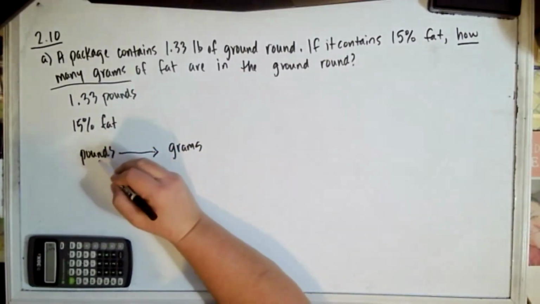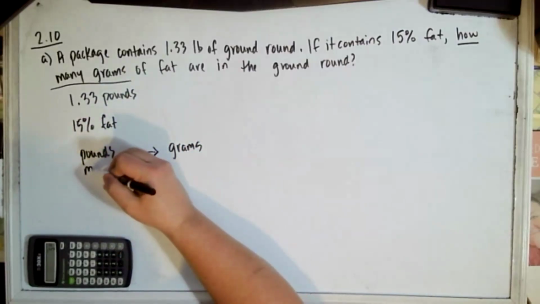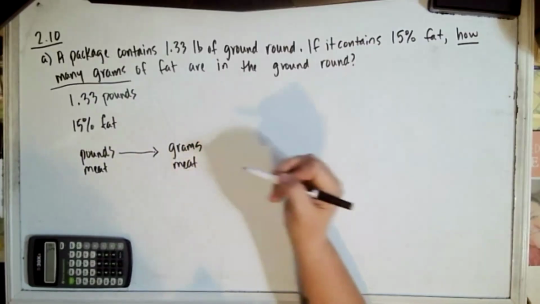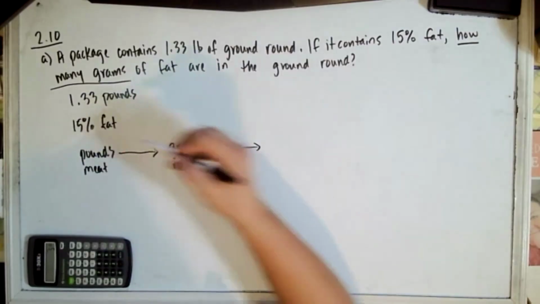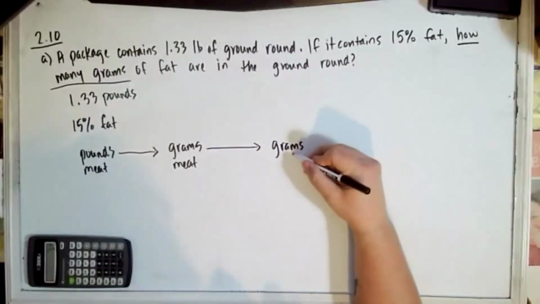So we can say we have however many pounds of meat total. We're going to turn that into grams of meat. And once we know how many grams of meat we have, then we can use our percentage to figure out how many grams of fat there are.